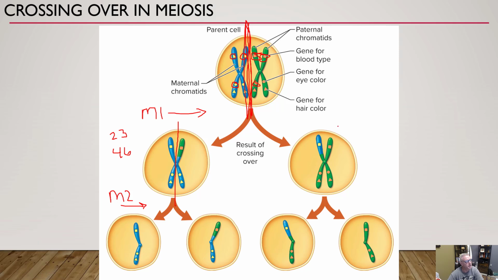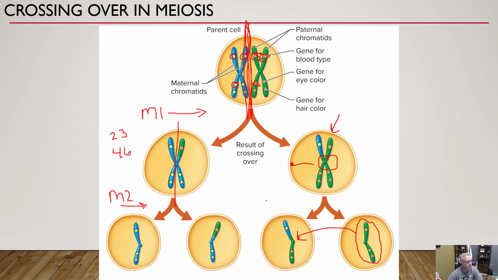Let's say in this cell we have our spindle fibers, and the spindle fiber doesn't attach to the centromere right here. This chromatid would actually be over here in this cell.